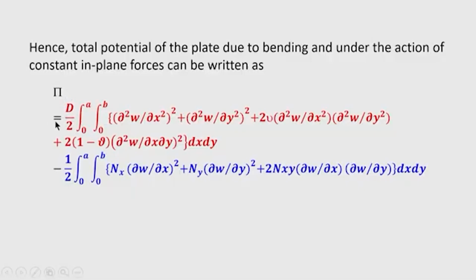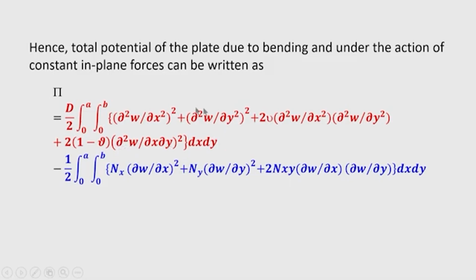So, now with the help of this we can write the total potential capital pi. The total potential pi for the buckling problem is now given as D by 2, integration 0 to a, 0 to b, of the curvature in the x direction square plus curvature in the y direction square plus 2 mu, where mu is the Poisson ratio, del square W by del x square into del square W by del y square, so the product of the two curvatures, and then plus 2 into 1 minus mu, this cross twist curvature del square W by del x del y whole square, and integration is done over the domain of the plate.